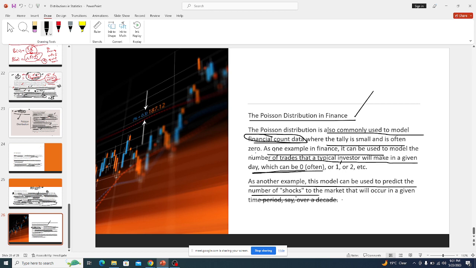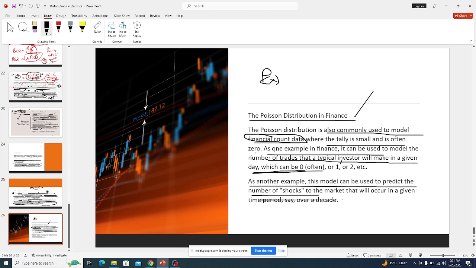So basically, that's all about Poisson distribution. Maybe what I can show you is the formula. Let's assume we need the probability function for Poisson distribution.